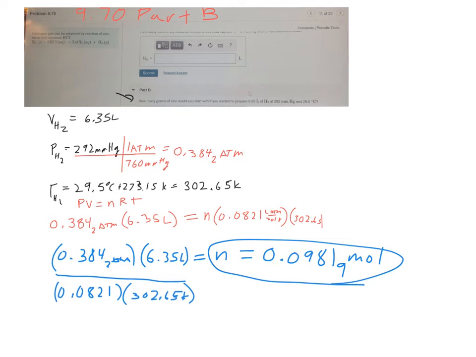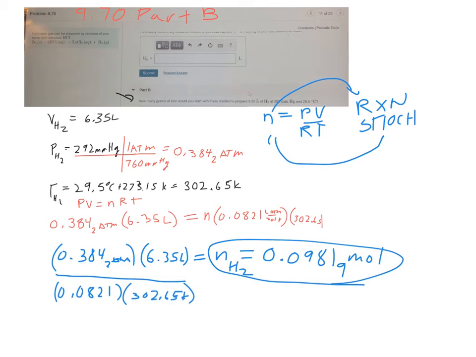That's only half the battle. This is my moles of hydrogen, and they're wanting grams of zinc. This is where we now revert to traditional stoichiometry. I should have game planned this from the beginning. Nearly all these problems involve taking PV=nRT, solving for your number of moles, and feeding that number of moles into a traditional reaction stoichiometry situation, or taking the product of reaction stoichiometry and feeding it into PV=nRT.